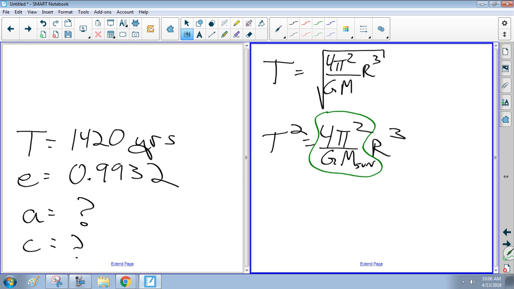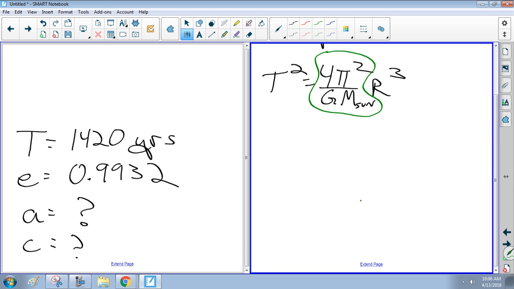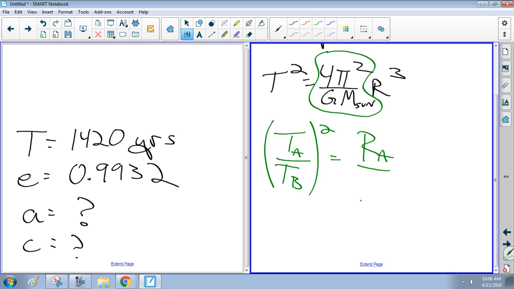So the way Kepler actually wrote his law, he didn't write it as this equation. Kepler said that if you have two objects orbiting the same body, then the period of object A divided by the period of object B, squared, is equal to the radius of object A divided by the radius of object B, cubed, right?